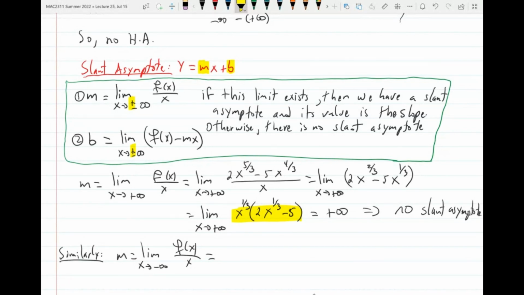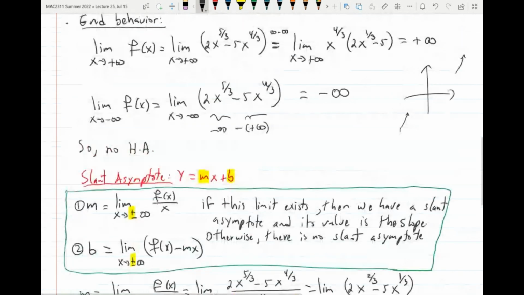That will be a negative infinity times a negative infinity, so we also get positive infinity. So no slant asymptote either in this direction. Our function doesn't have a slant asymptote, so we move on.